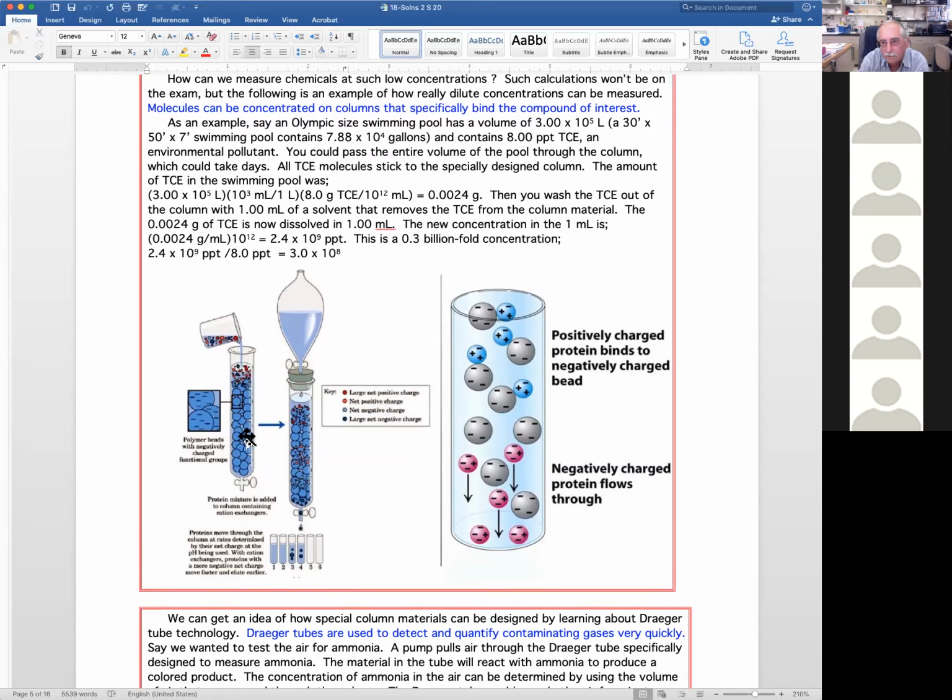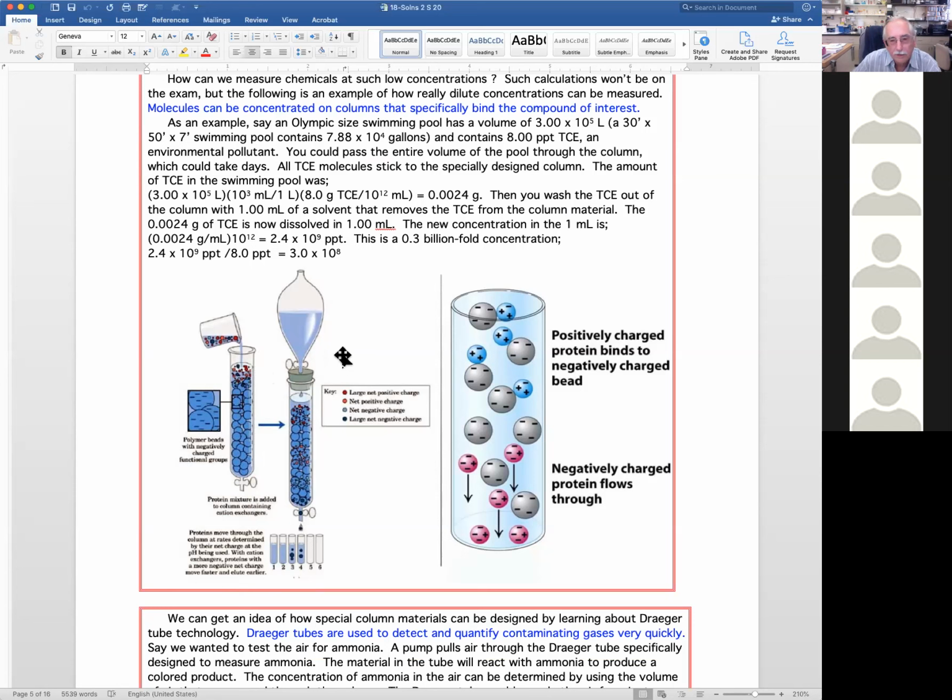You get it? So I could pass the entire swimming pool through that column if I wanted to. It's a question of how much work, how much effort do I want to put into it? It may take you months to pass that whole thing through that column, but you get every single molecule of TCE to stick on it.